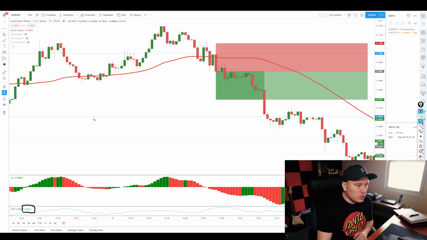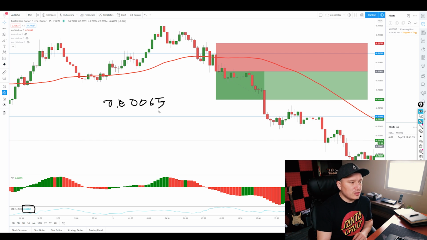So if this shows right here 0.00065, the last decimal does not count. This one does not count. So this number 6 is the actual average pip range of the previous 14 candles.